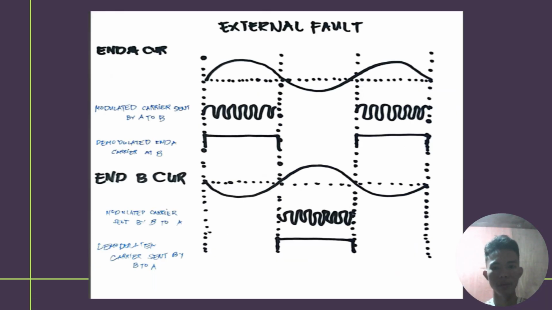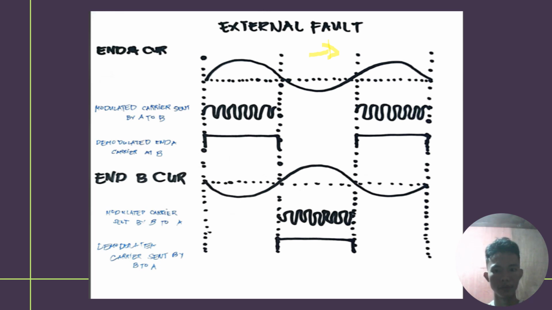Next we have the characteristics of the waveform in this type of comparison scheme, the phase comparison scheme. At external faults, this is the waveform produced by the relay current. Remember that at external faults, the direction of the relay current is forward, meaning it will have a representation in this type of waveform, from high, low to high.